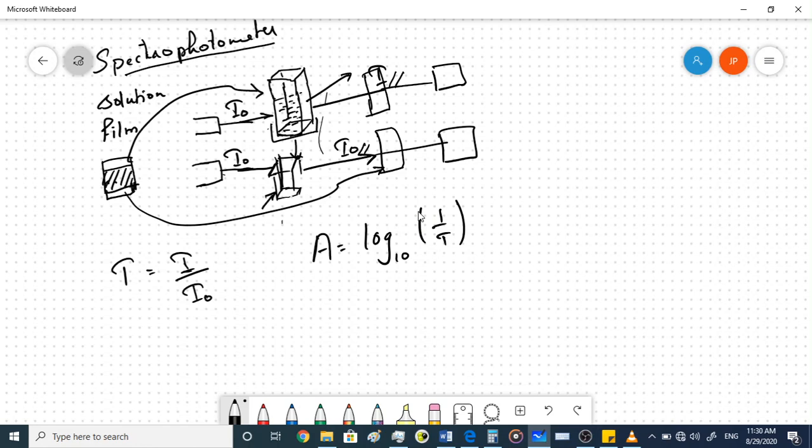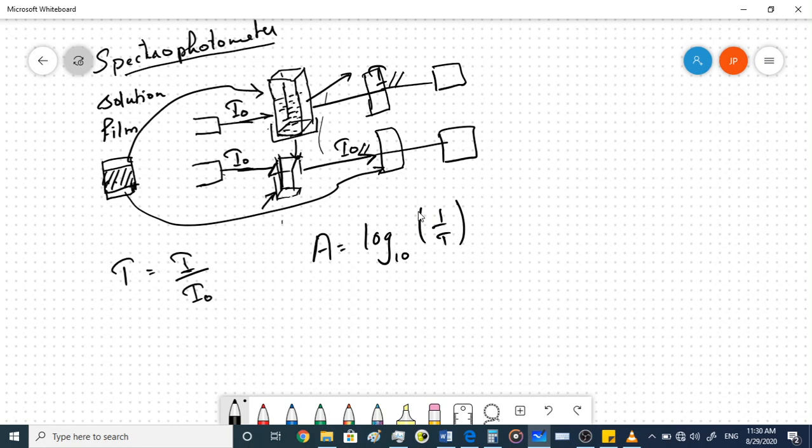Or if you are taking it as a factor in 1 or percentage, then whatever is 100 minus transmittance would be your absorbance. But typically the Beer-Lambert formula has a different form as well.